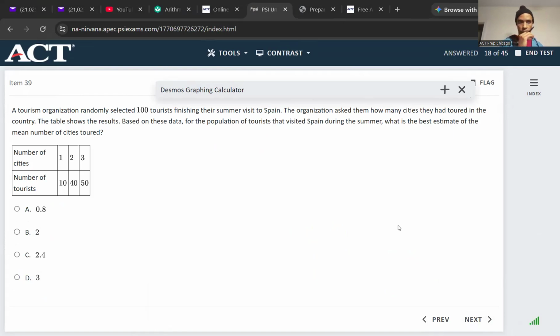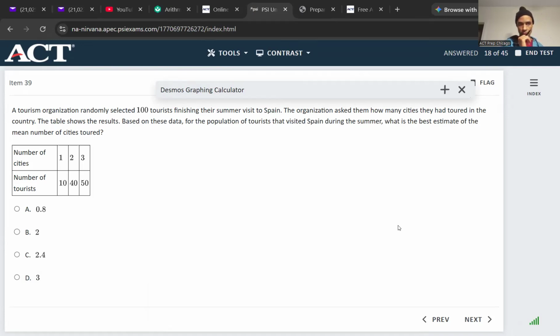So 10 people toured one city, 40 people toured two cities, and 50 people toured three.